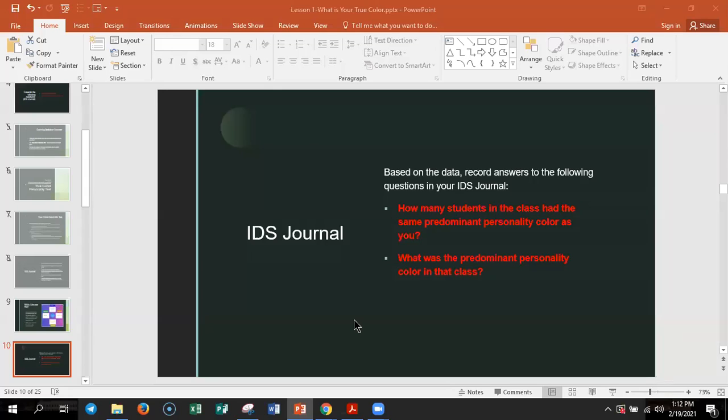So for the first one, I put for me it was green, so it was 26% for the female one. No, look at number one. Look at the results for number one. Oh, then it was 37% with green. Okay, good. And then go ahead. The predominant personality also in the class was green with 37%.